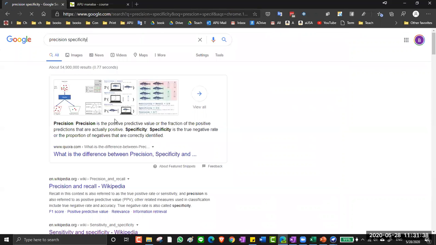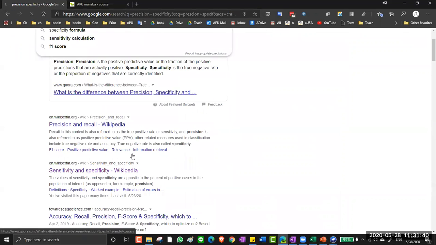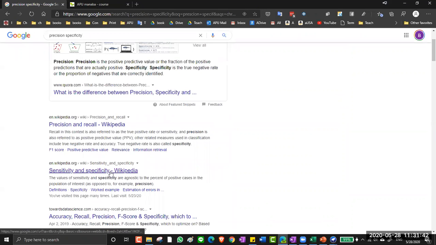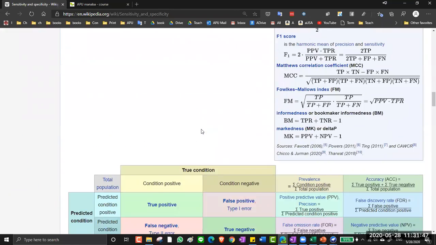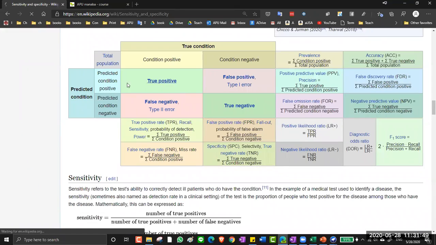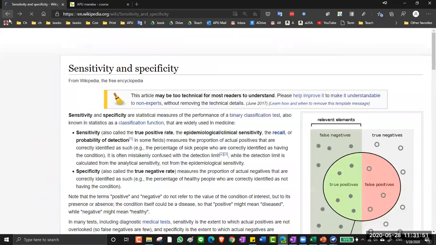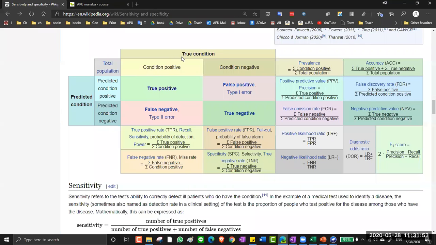So we go here, and what do we have? The true condition and the predicted condition. They have just the opposite. I had the predicted condition up here and the true condition down here.